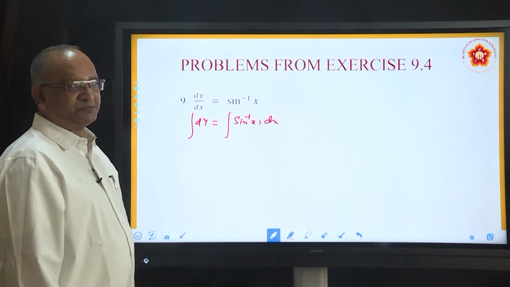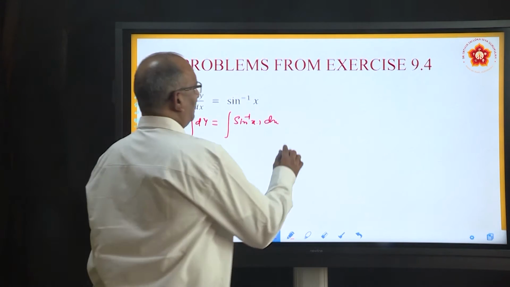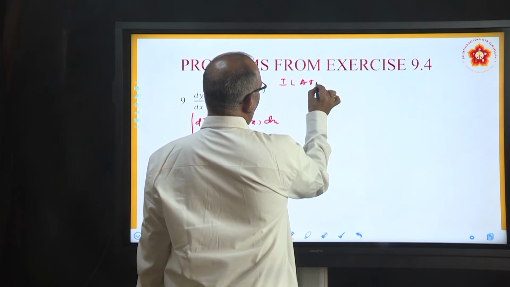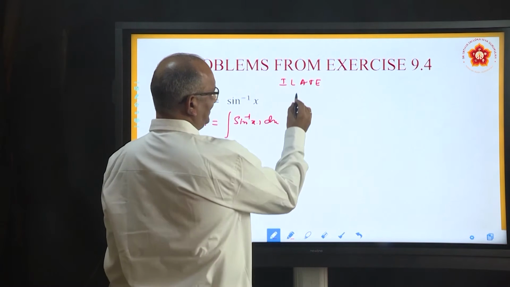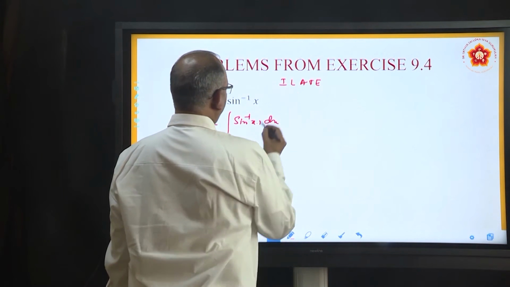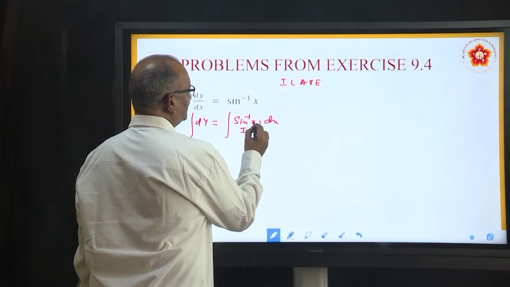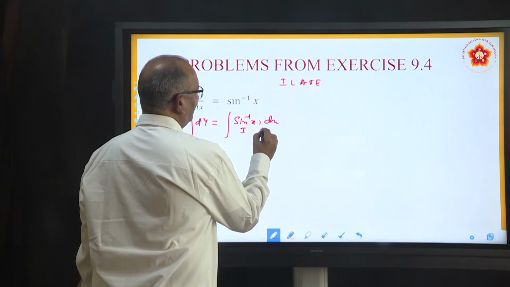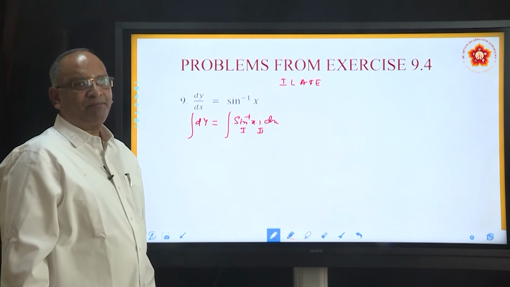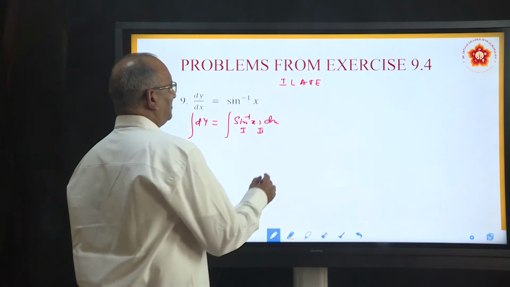So, which one is to be taken as the first function? If we are taking it as a product, go back to that formula I taught. It says inverse trigonometric function comes first. So, this will be taken as the first function, 1 will be taken as the second function, and apply the product formula. What is the product formula?